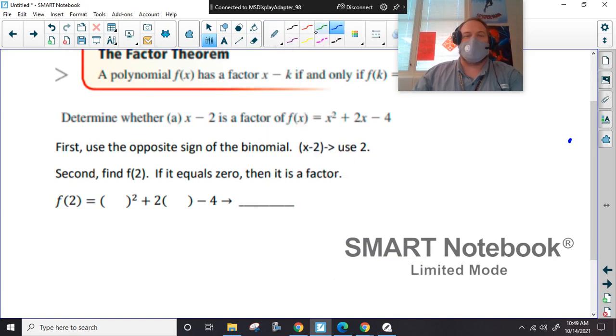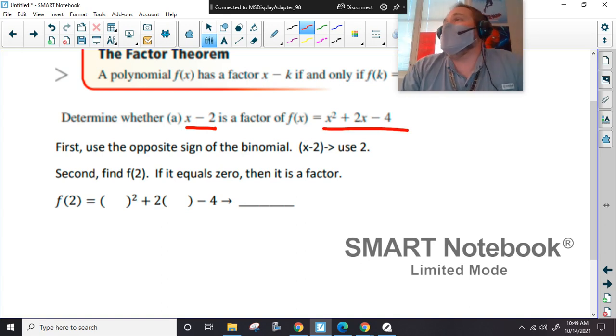Okay, all right, this is what we have to do. It says determine whether this is a factor of this. Now, there's another way to do this using synthetic division. But I said, wait a minute, if we're just needing to determine if they're factors or not, we don't need to do synthetic division.